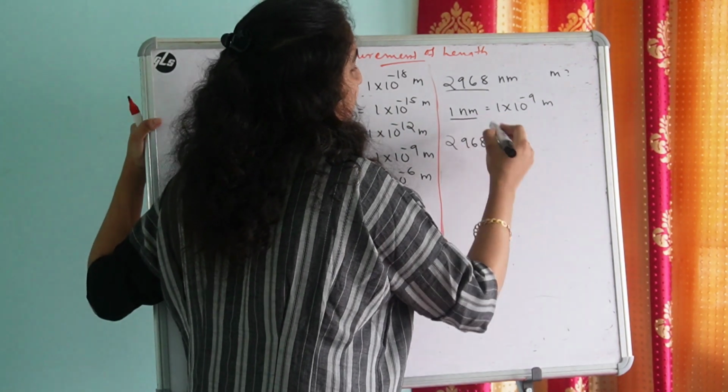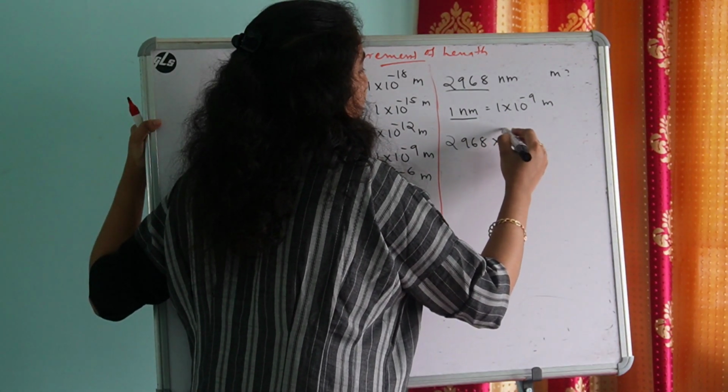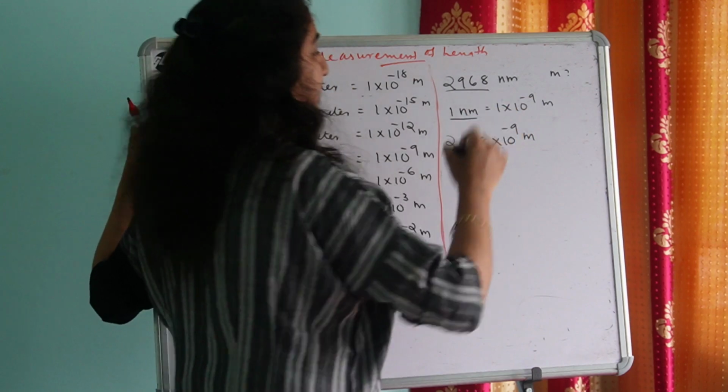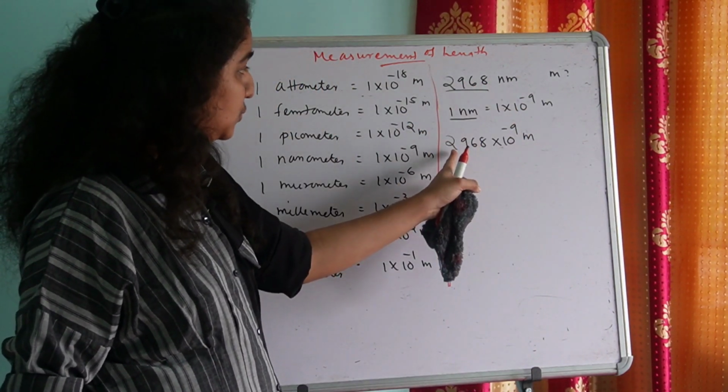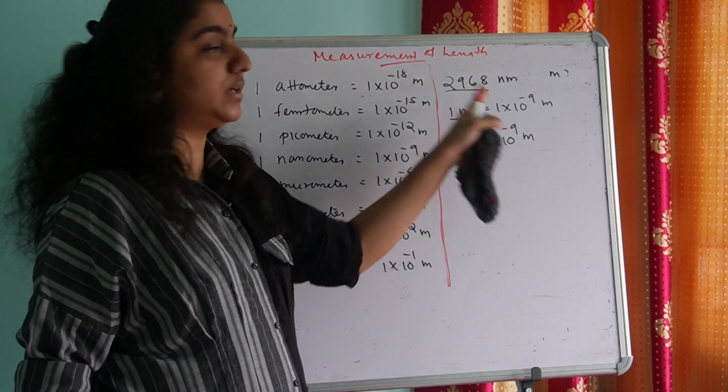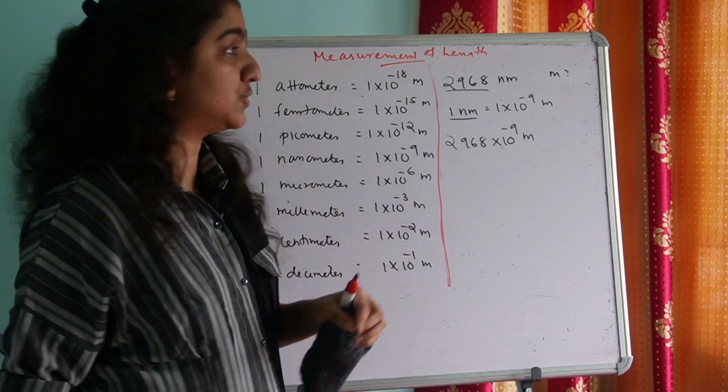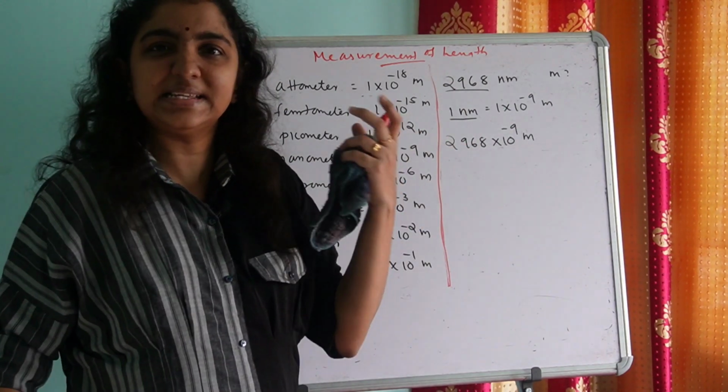Here in this case, 1 nanometer is equal to 10 power minus 9 meter. So 2968 nanometer is equal to 2968 into 10 power minus 9 meter. So you will get this answer in a single step.